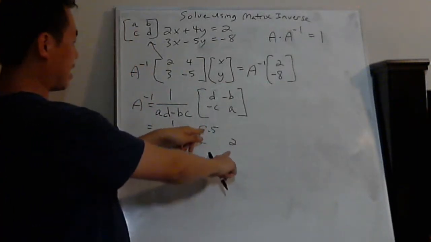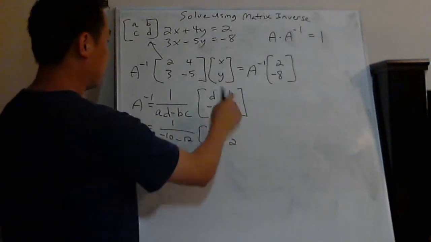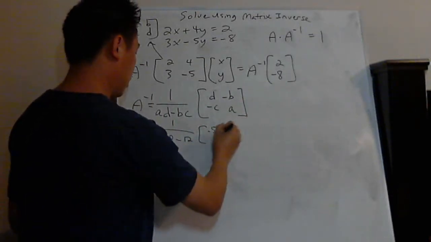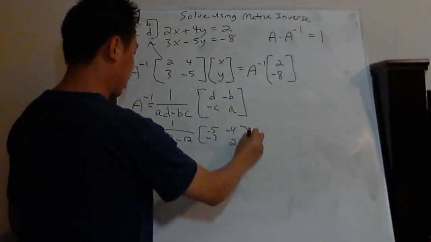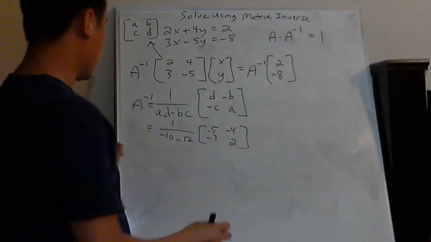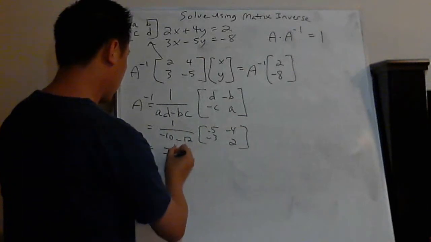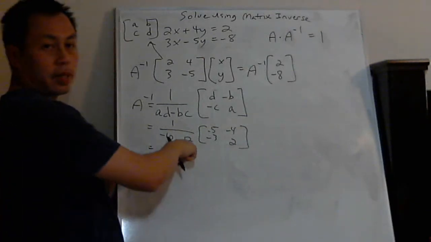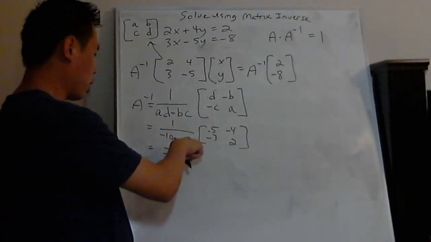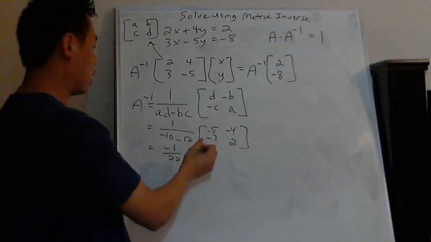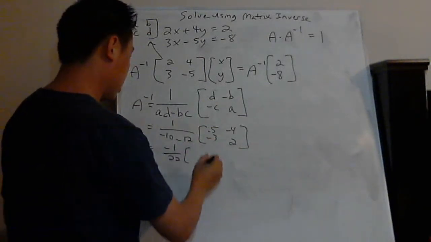I usually put the A and D first, and then the negatives of B and C. It's just easier to do it that way. I find there are fewer mistakes. And then this is -1 over 22, because the bottom is -10 minus 12, which is -22. I just put the negative on top, times this.